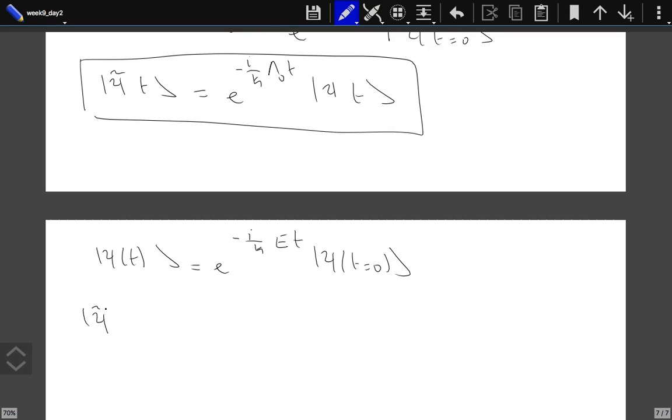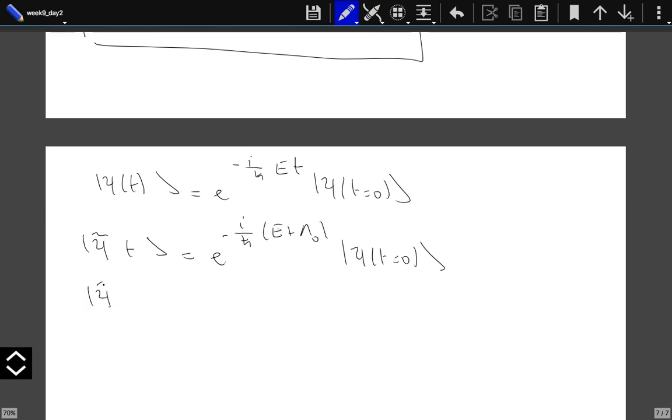So psi tilde of t is e to the power minus i over h bar E plus lambda 0 t, psi of t equal to 0.